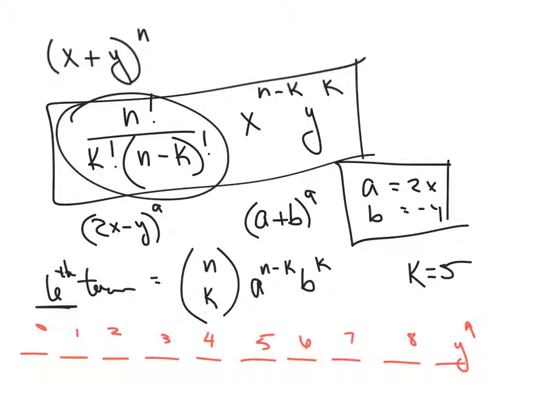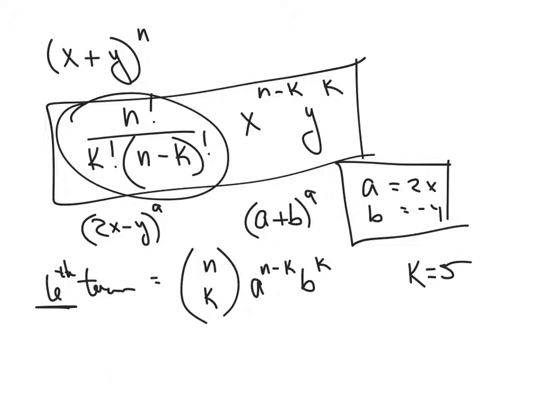So my 6th term: 1, 2, 3, 4, 5. There's my sixth term because we have to count 0 here. We have 0 y's at the beginning. So k is always going to be 1 less than the spot that we're looking for, the sixth term. Just to remind you of that as you're going through this. And that gets to be just one more thing to try to keep track of.